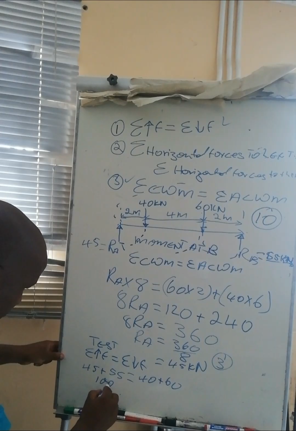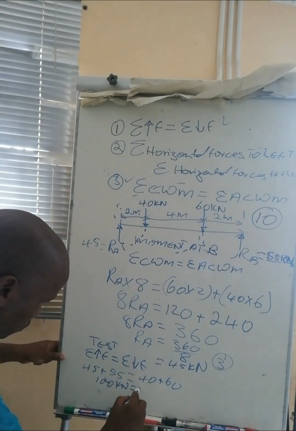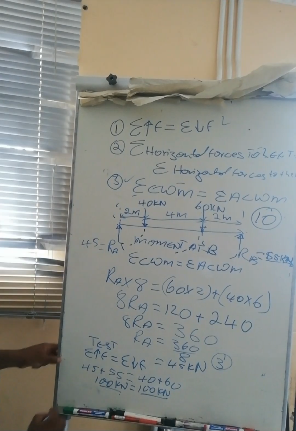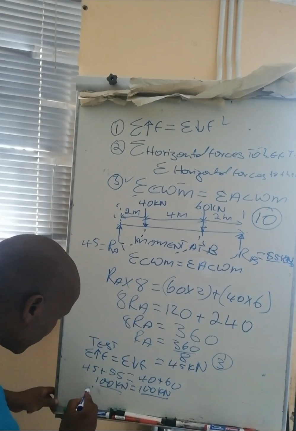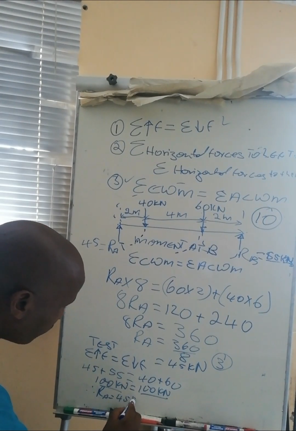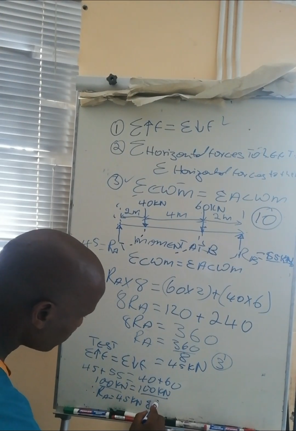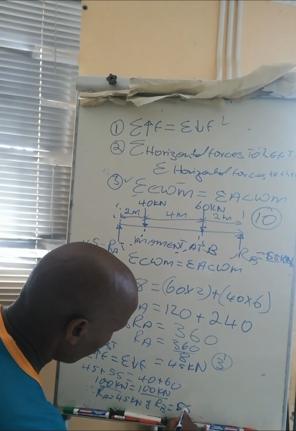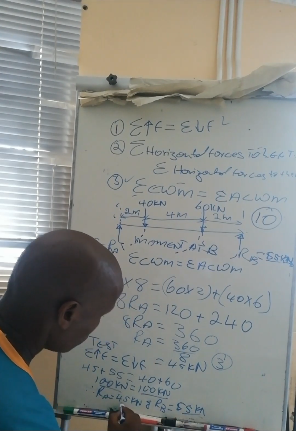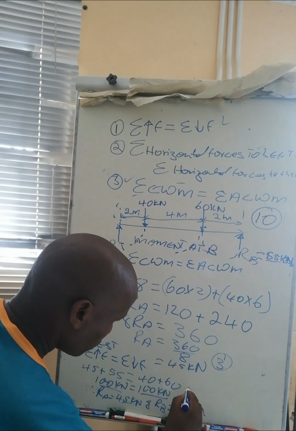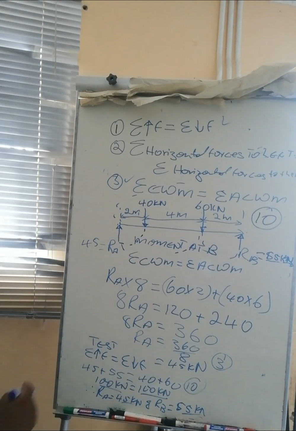Therefore, 100 kilonewton is equal to 100 kilonewton. Therefore, indeed, RA is equal to 45 kilonewton and RB is equal to 55 kilonewton. You can end it there and you've got your 10 marks overall.